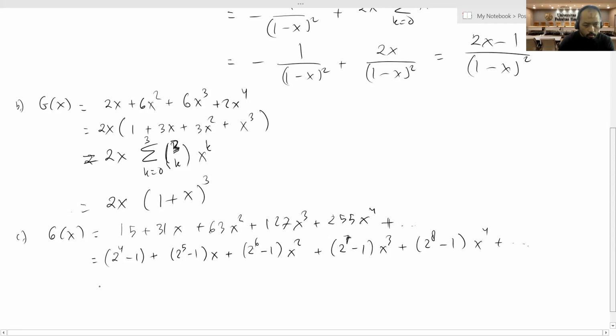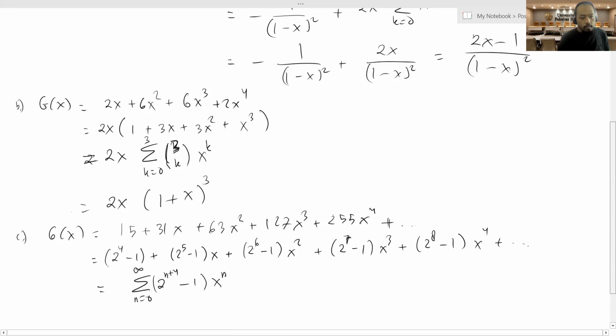So we could simplify this into a summation. Essentially, this is the sum for n from 0 to infinity of (2 to the power of n plus 4, minus 1) times x to the power of n.